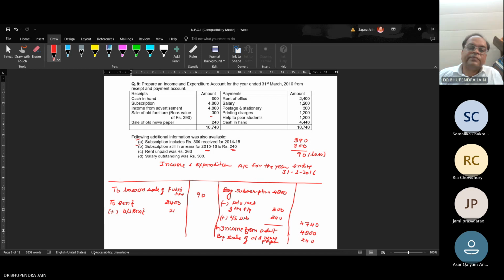Outstanding rent 360, not 240. Total is 2760.